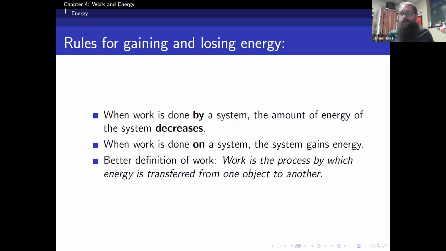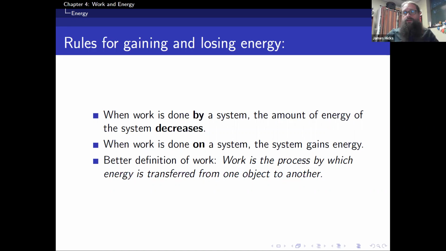When a system does work, it loses energy. That's what I mean when this says work is done by a system. That system is losing energy. The reverse of that, if work is done on the system, means that system is gaining energy.